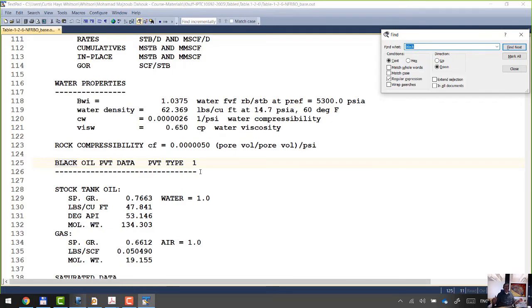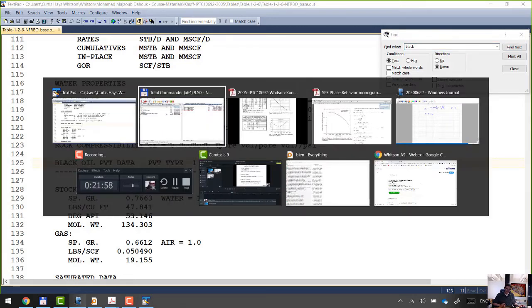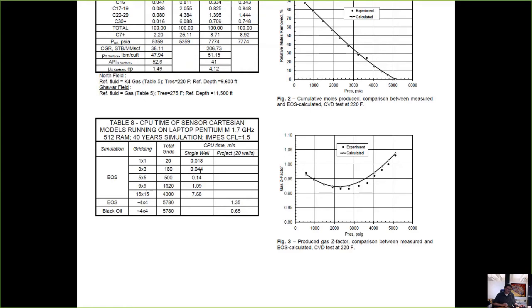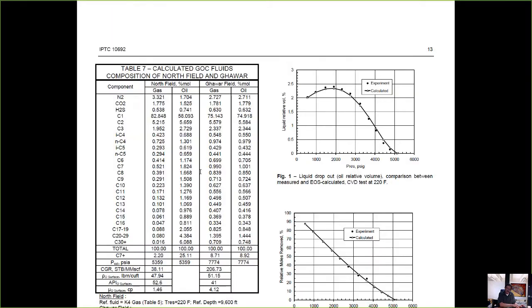Now there are 2 black oil tables in this file because 2 of the COOF formations have one composition, and for the other 2 we changed the composition to add more H2S and less methane.